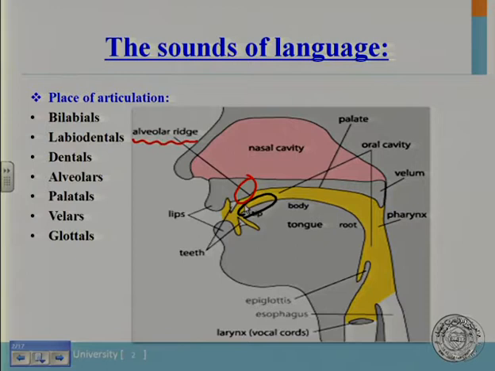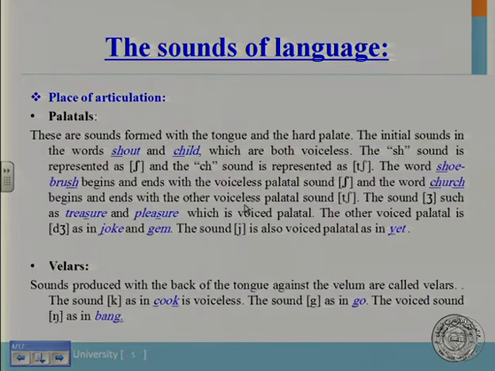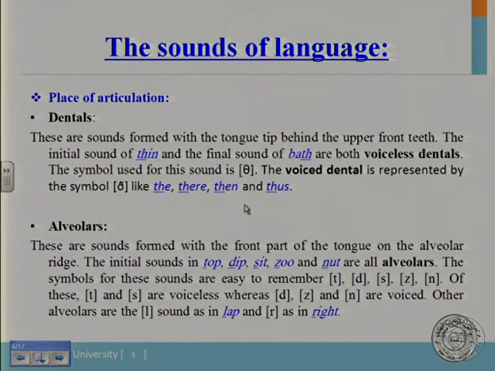So when the front part of the tongue touches the alveolar ridge, we can hear sounds such as t, as in top, d, as in dip, s, as in sit, z, as in zoo, and n, as in not.